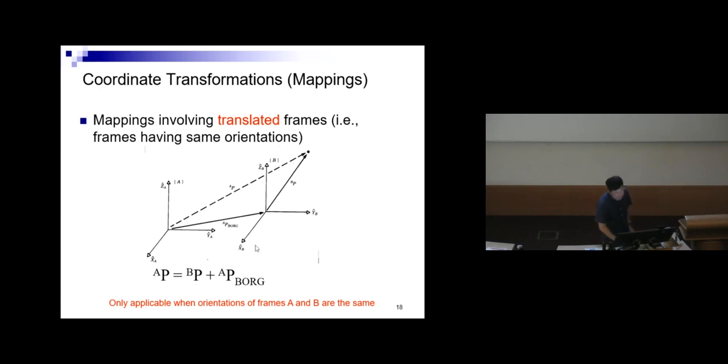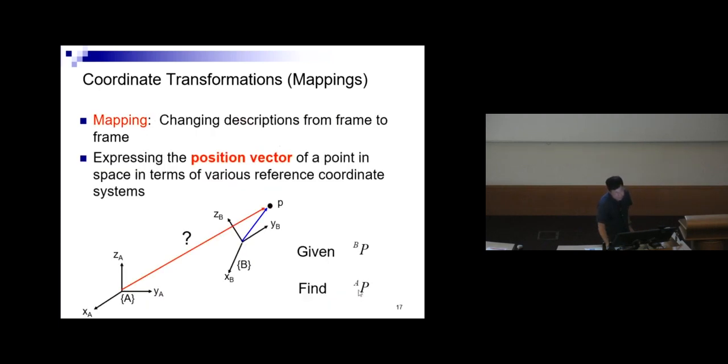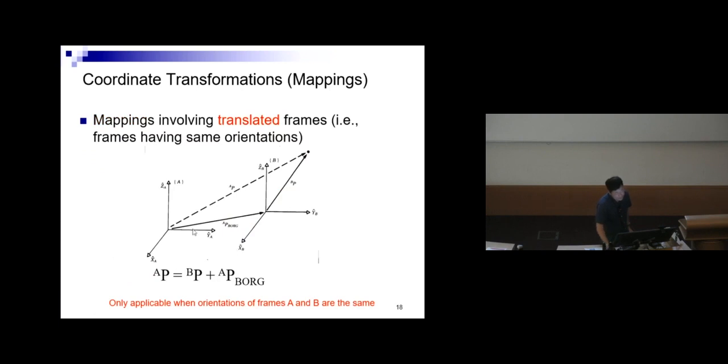So AP is equal to BP plus the translation of the origin, AP B origin. This is applicable when the orientation of both frame A and B are the same.